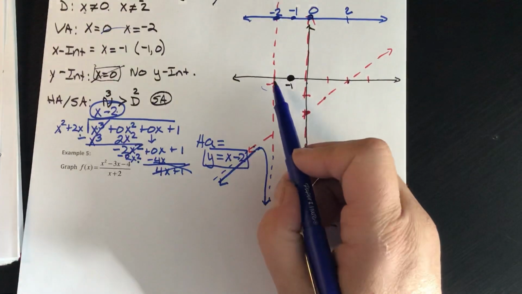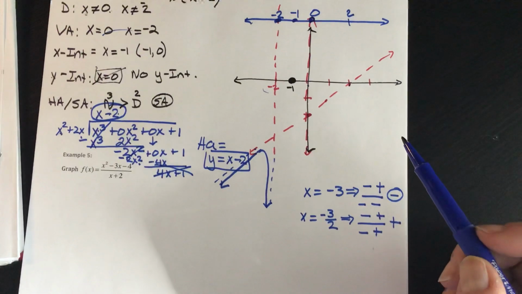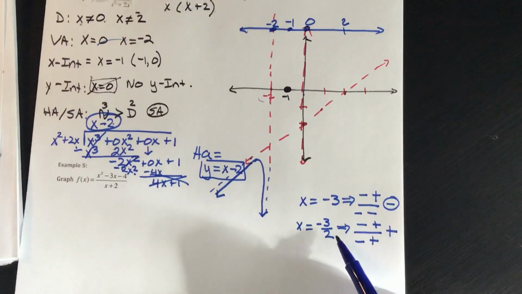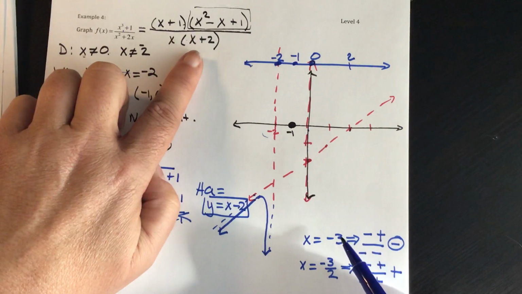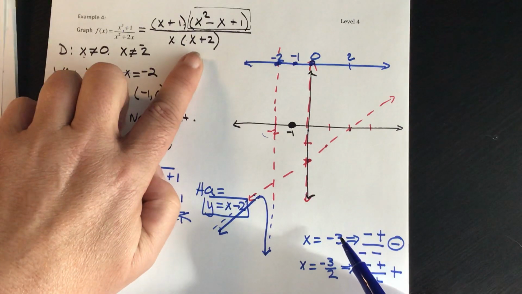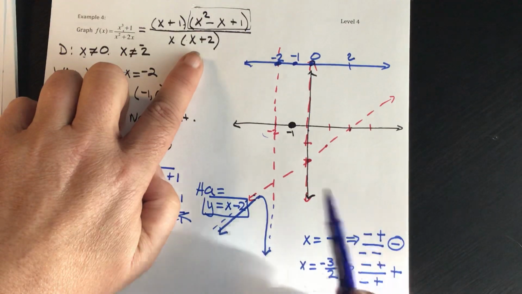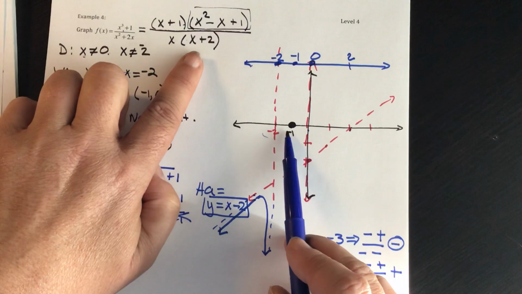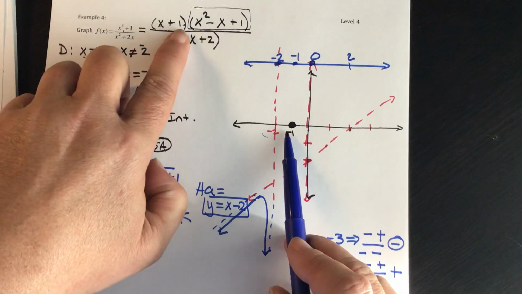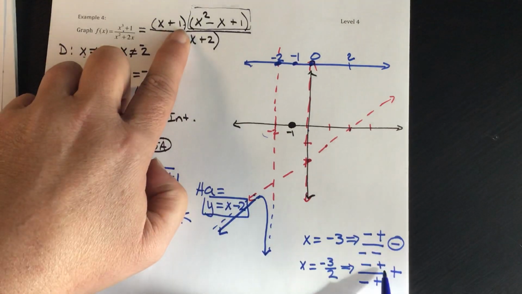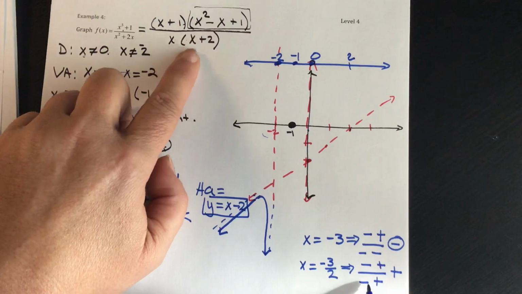So between -2, whoops, let me see here. I think I made a mistake here. -3/2 plus 2 is negative. Should be negative. -3/2 plus 1 is negative, positive, negative, negative.